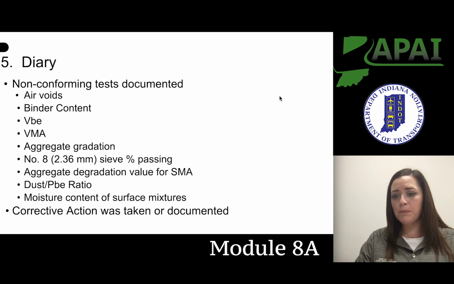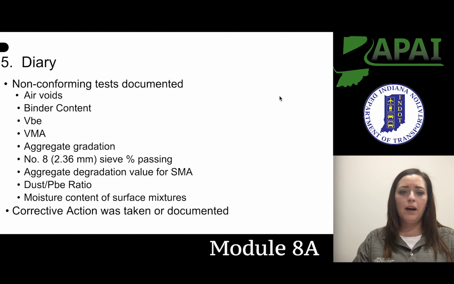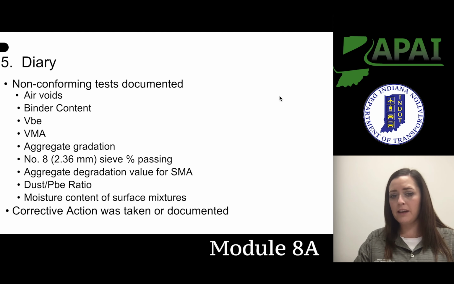If you're running a 9.5 millimeter mixture and it's outside of the percent passing limitations in the specifications or control limits. For SMA, there's an aggregate degradation value that needs to be met, and that needs to be noted if it is outside of those limits.